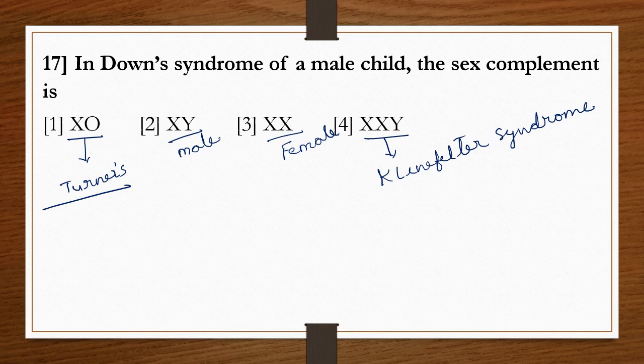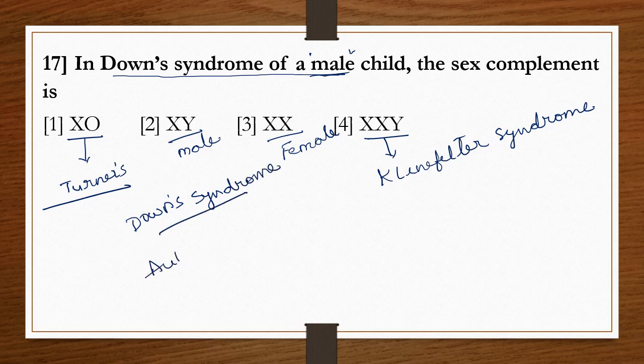Now the question is Down syndrome of a male child. Down syndrome is autosomal trisomy.